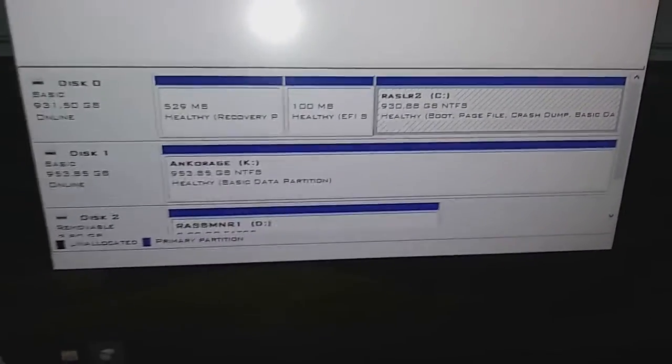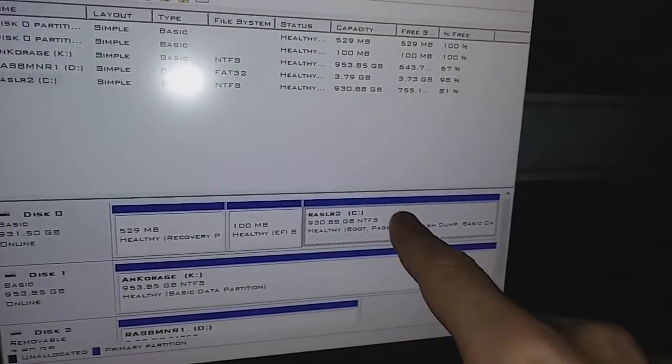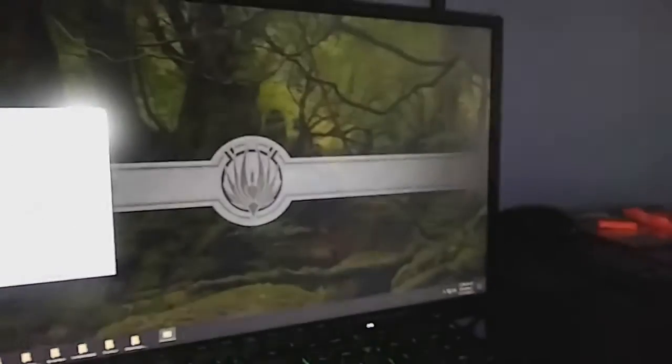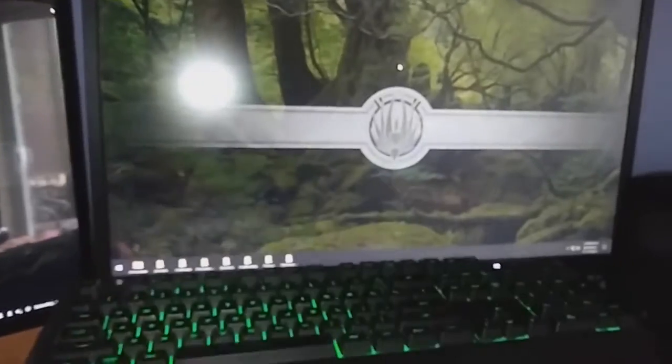So here's the partition manager, or disk management, in the system. It was originally out about here. So what I did was I selected this and adjusted it to take up all the remaining space to use as much of that drive as possible, which I did, and we now have a fully functional, fully usable drive. Essentially we have a cloned drive. This drive was cloned and it is now running on that one.